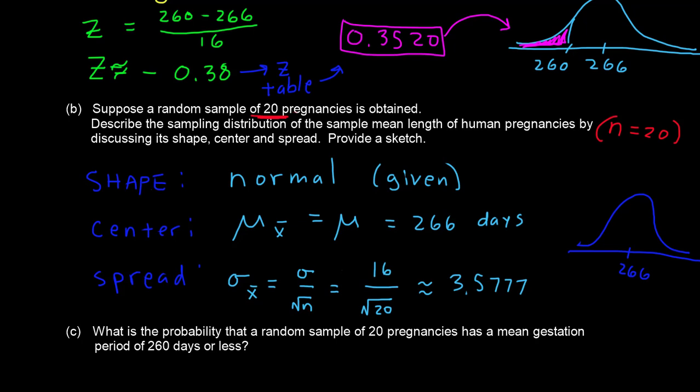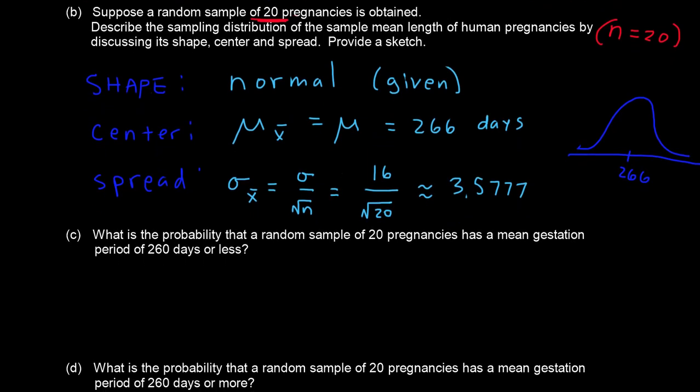Let's find a probability associated with it in part C. What is the probability that a random sample of 20 pregnancies has a mean gestation period of 260 days or less? So, to mimic the procedure from part A, we're going to use the z-score formula.